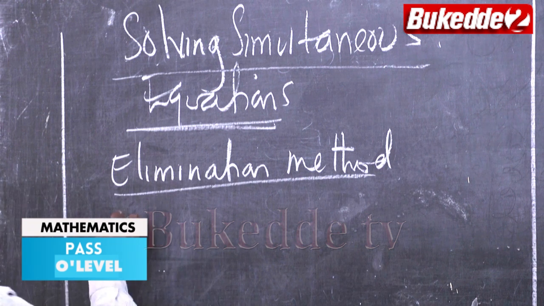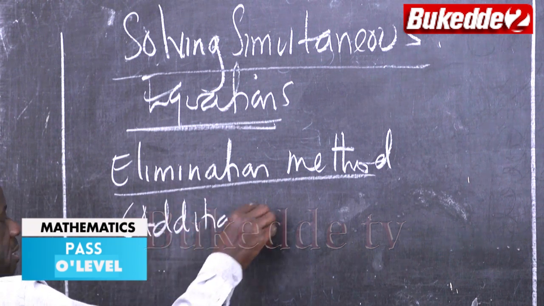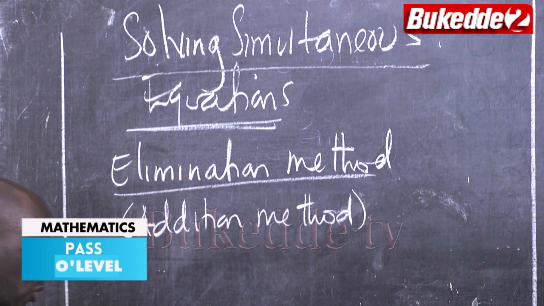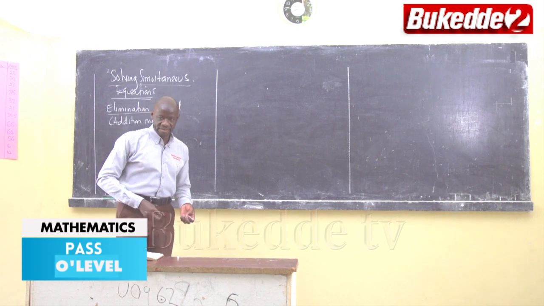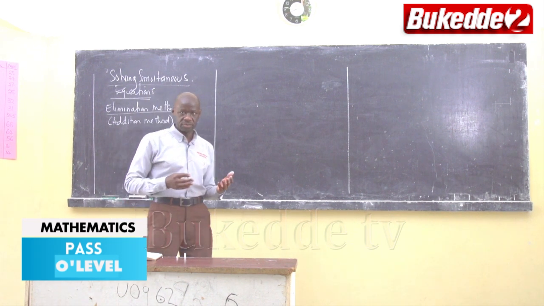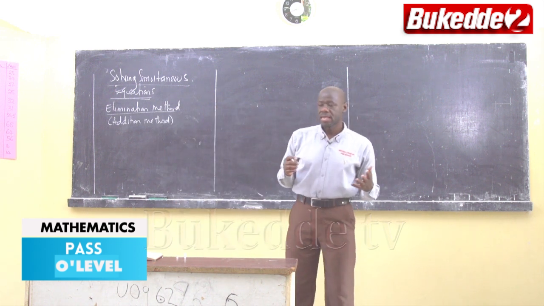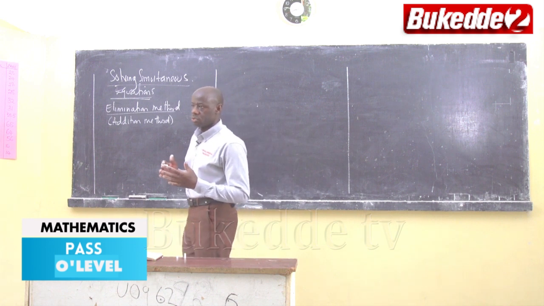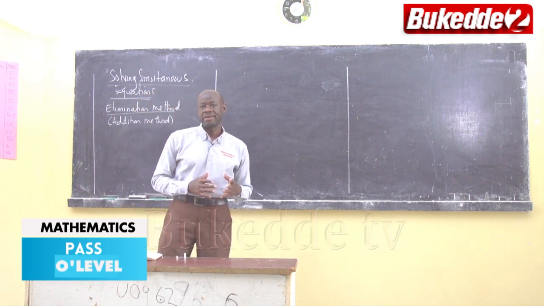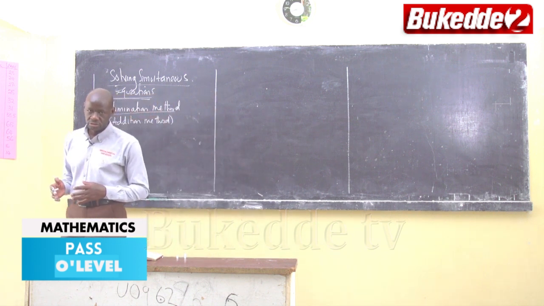In some books, you're going to find this. They refer to it as the addition method because you're adding one equation to the other. Now, this method works because of two items. One, it works because adding one equation to the other does not alter the truth of the equation.